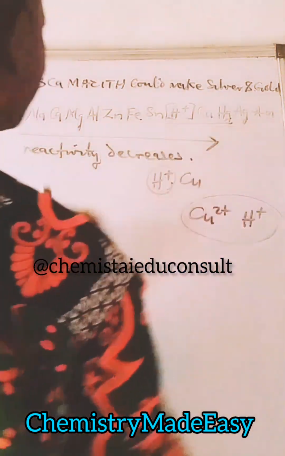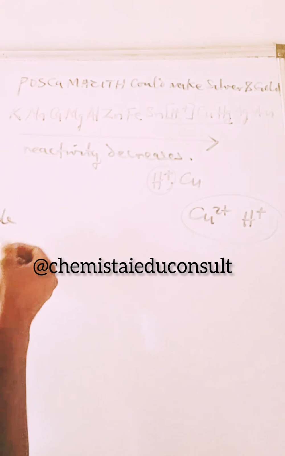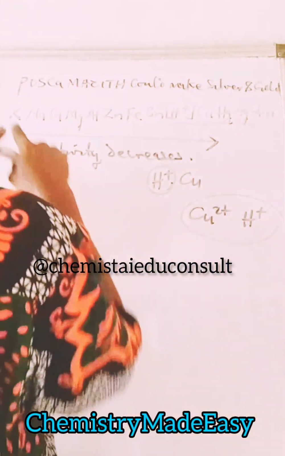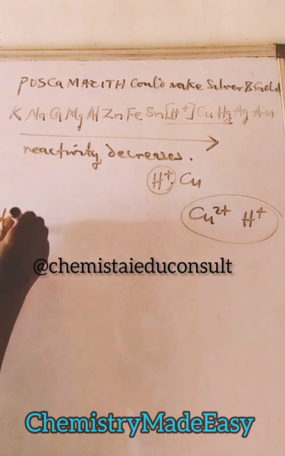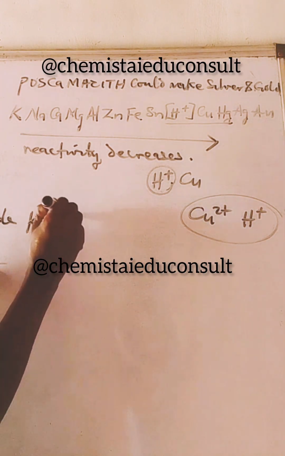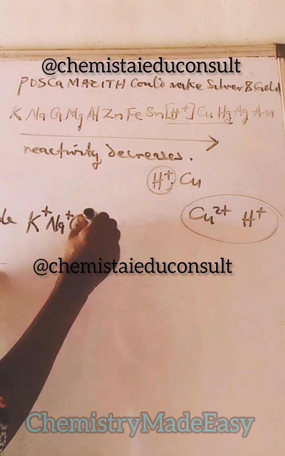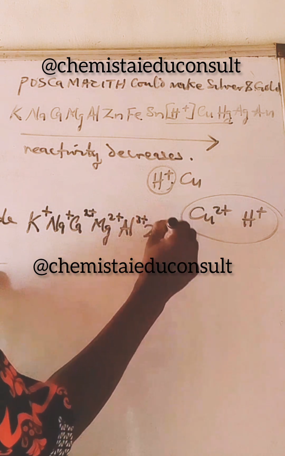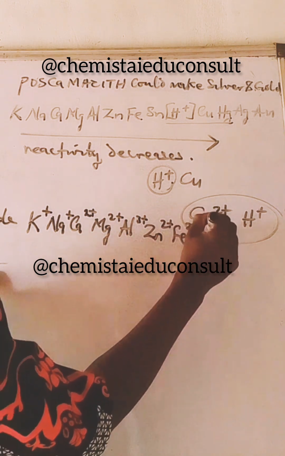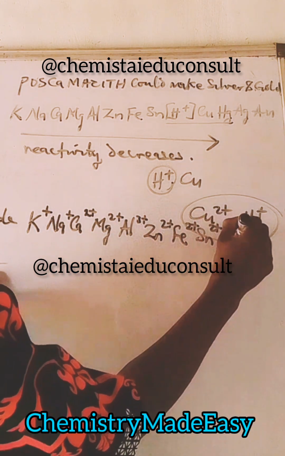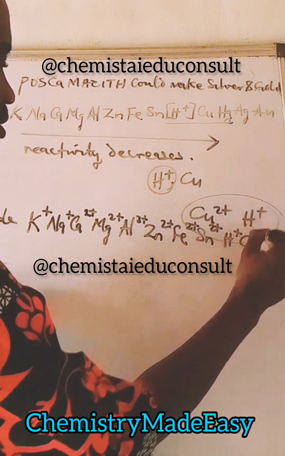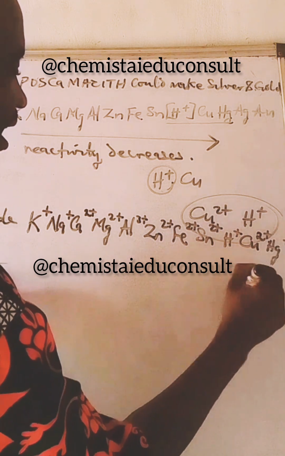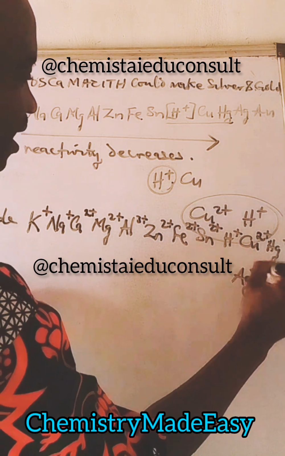What makes them reactive is the ability to lose electrons, right? Now, let's assume that all these metals have lost electrons. Remember, hydrogen is not a metal. When they have all lost electron, we now have K plus, Na plus, Ca 2 plus, Mg 2 plus, Al 3 plus, Zn 2 plus, Fe 2 plus, Sn 2 plus, then H plus, Cu 2 plus, Hg 1 plus, Ag 1 plus, Au 1 plus.